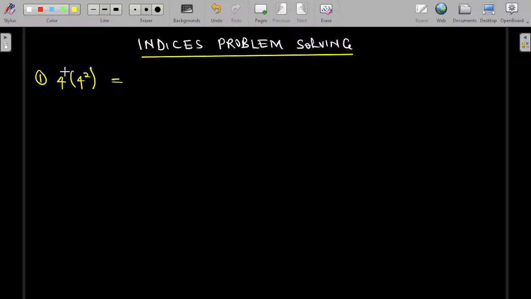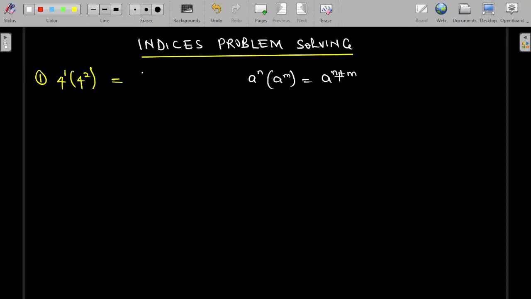Of course, you know 4 is to the power of 1. Remember, like I said in the previous video, this is unscripted, so we are going to be going through these exercises together. Here we have 4 raised to the power 1, and we are told that if you have a to the power of n being multiplied by a to the power of m, the two powers we add, so this will give us a to the power of n plus m.